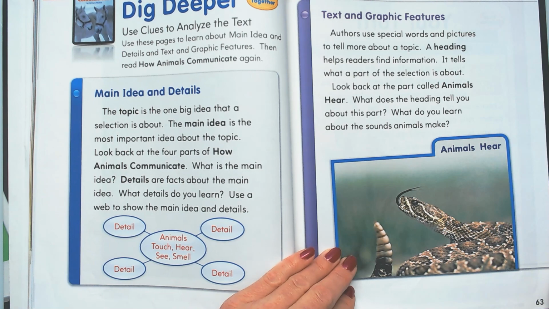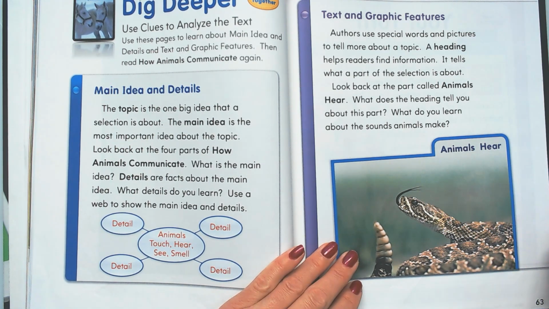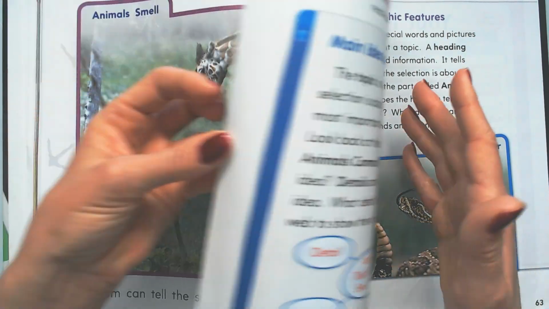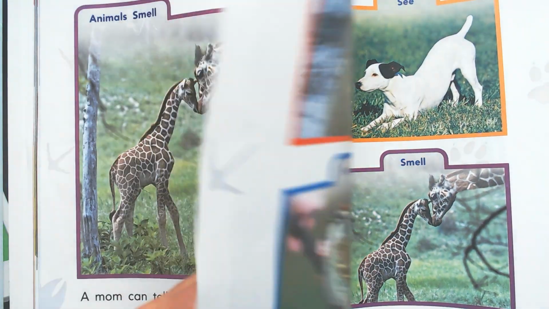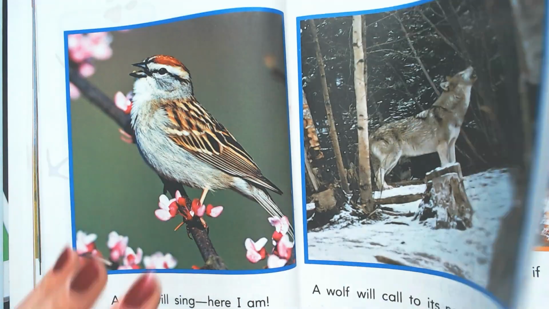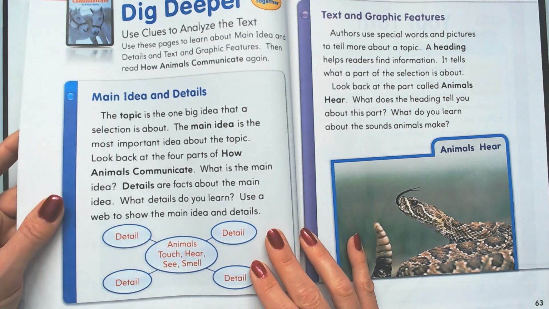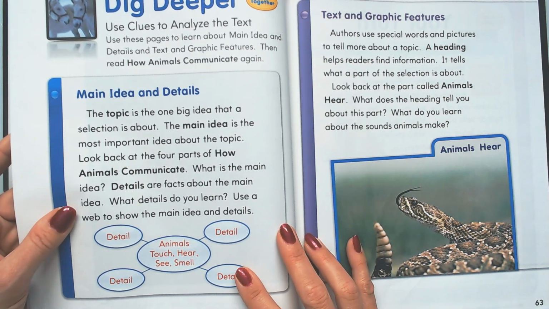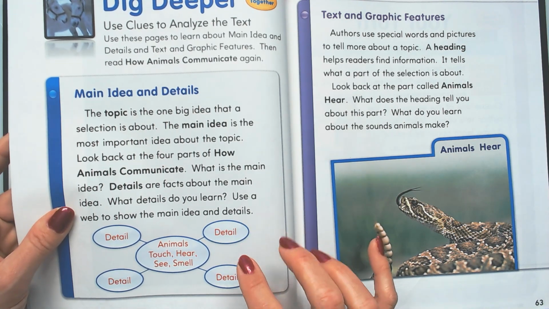Okay, this is just a little more about graphic features, and in this story, the graphic features were photographs. They can be drawings or paintings, but this is an informational text, and they used photographs. So this book was about communicating messages the way the animals do it, and it gave us details.